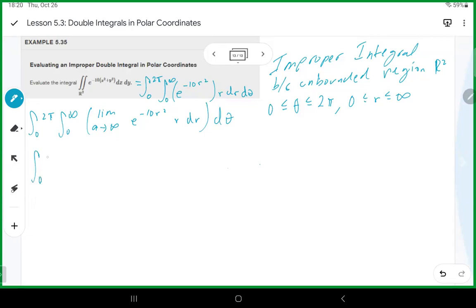We're going to split 0 to 2 pi, d theta. The limit as a approaches infinity will come out, with the integral from 0 to a rather at this point.